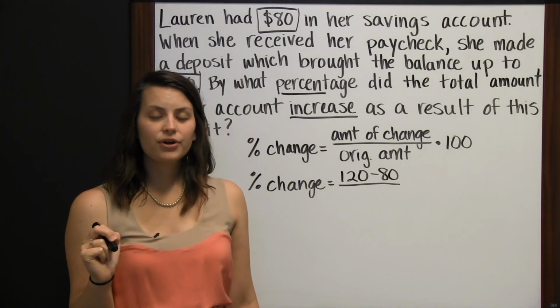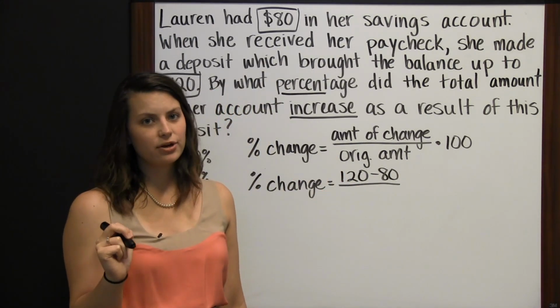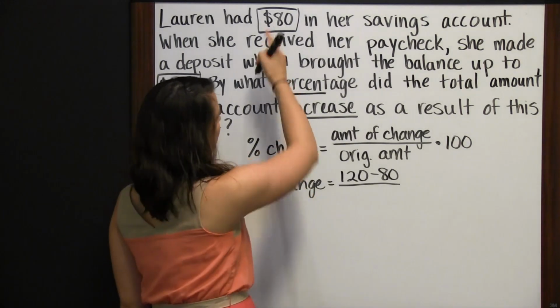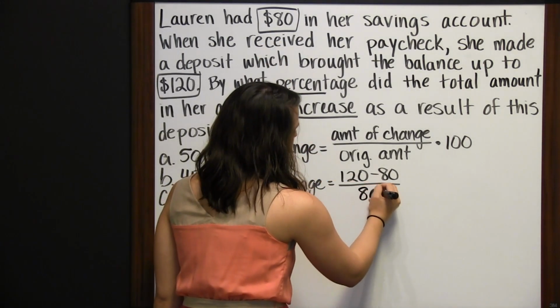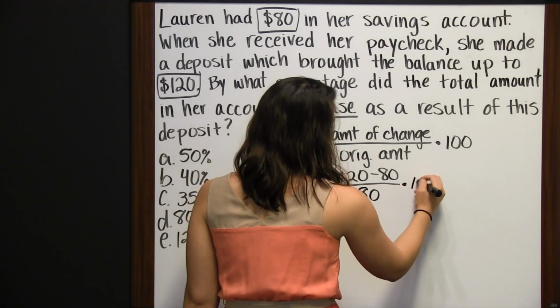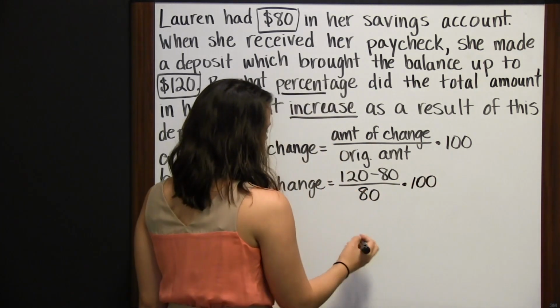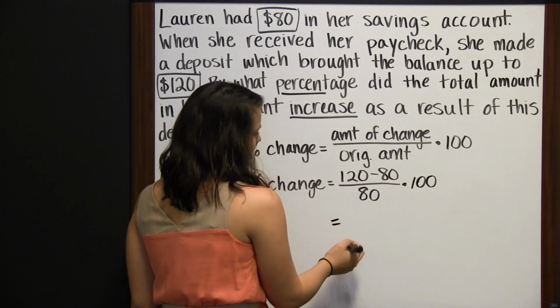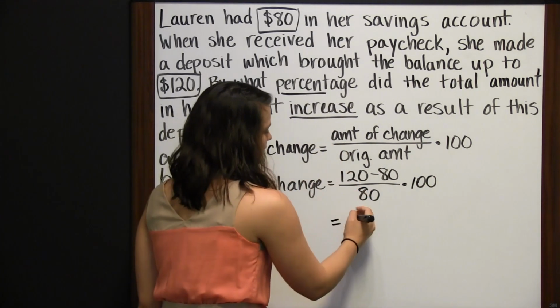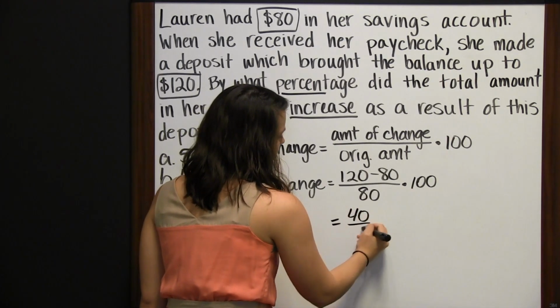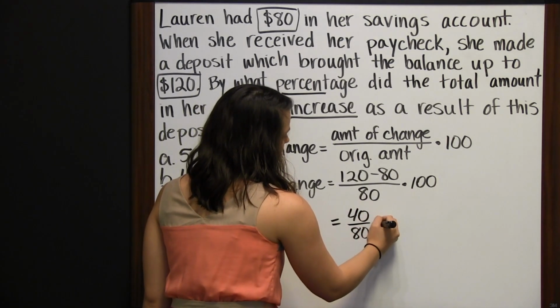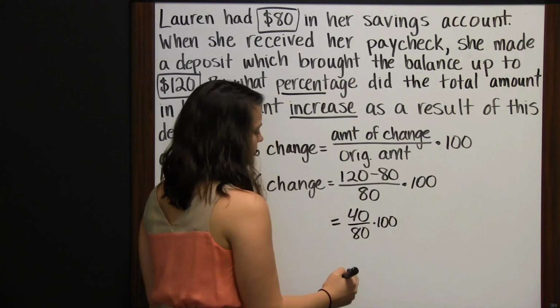So what she had in her account before she made her deposit, the $80. And then we multiply that by 100. So the percent change is 120 minus 80, 40, divided by 80 times 100.